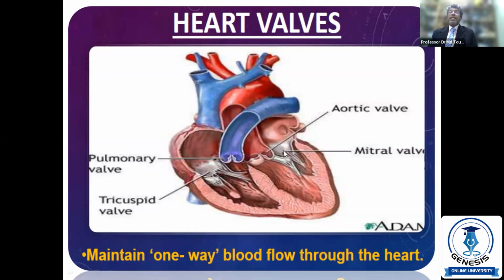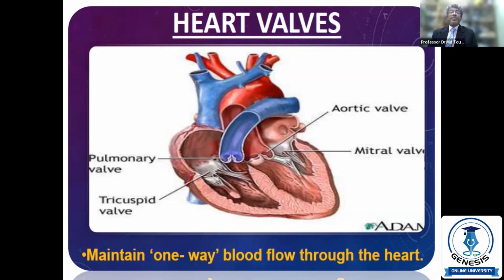Usually mitral valvular heart disease is common, especially as a complication of rheumatic heart disease, then the aortic valve, or mixed aortic and mitral valve disease. But as a complication of rheumatic heart disease, pulmonary valve involvement or tricuspid valve involvement is low in incidence.